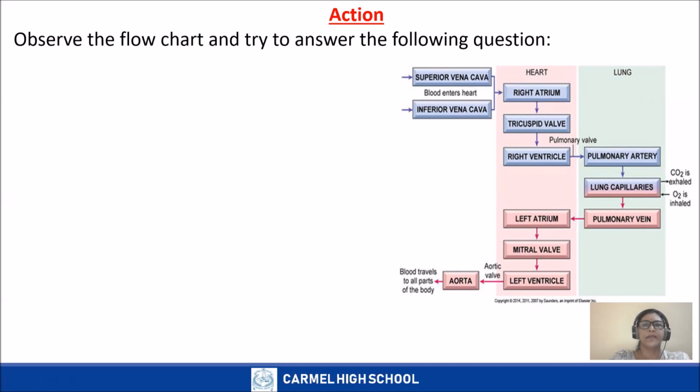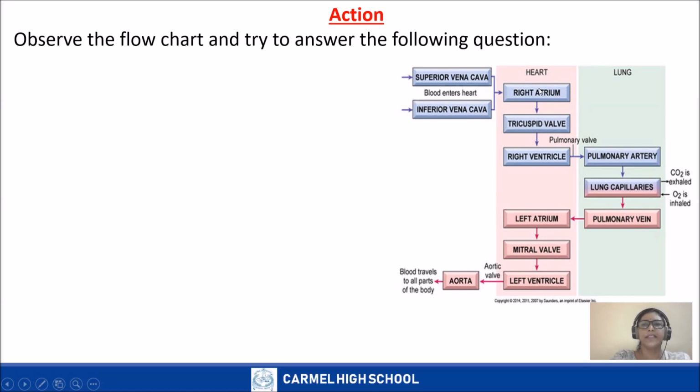All these parts, the superior vena cava collects the deoxygenated blood and enters the right atrium. Similarly, from the lower region below your chest region, all the organs found below the chest region, the veins join together and form one main vein called the inferior vena cava that enters into the right atrium.